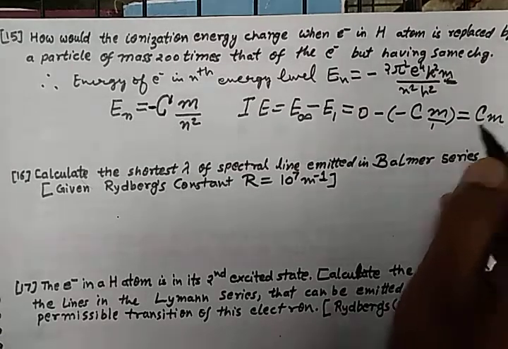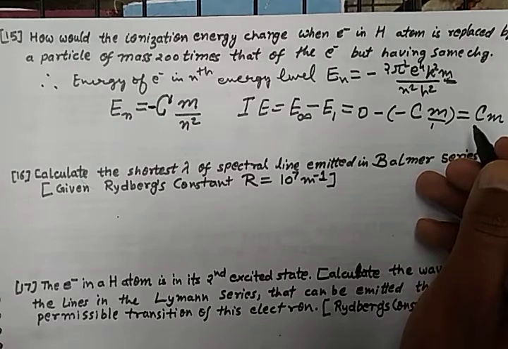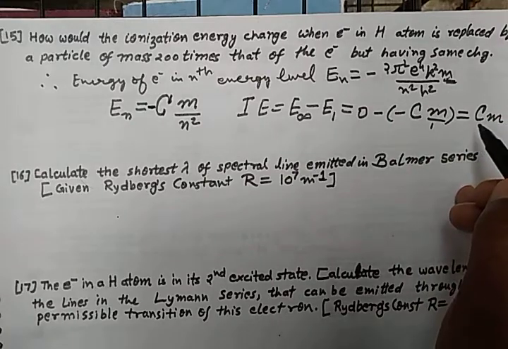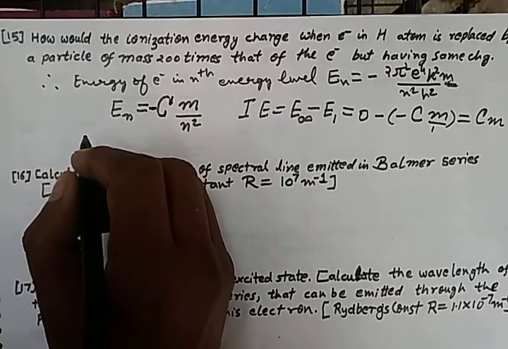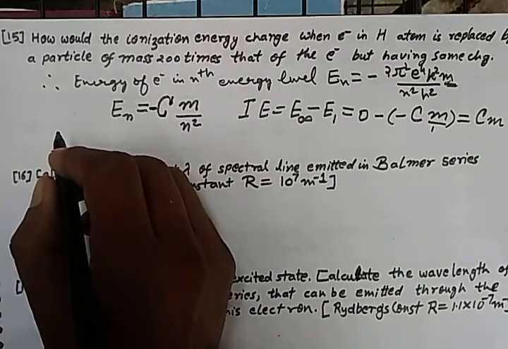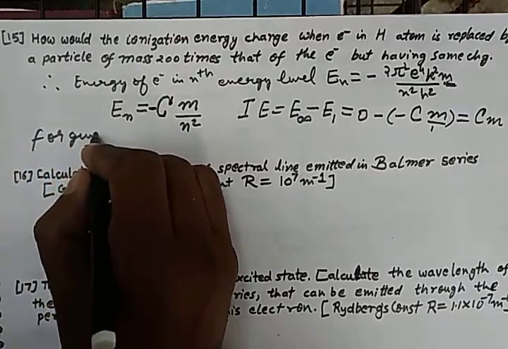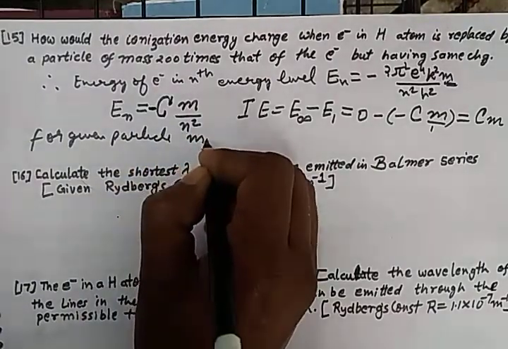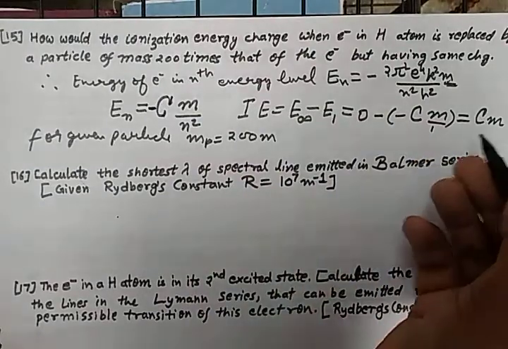So mass has come here, so it will be the mass times that of the electron. Now for the given particle, mp, the mass of that particle is 200 times the mass of the electron, that is m.